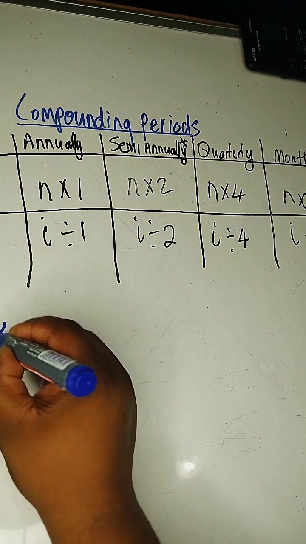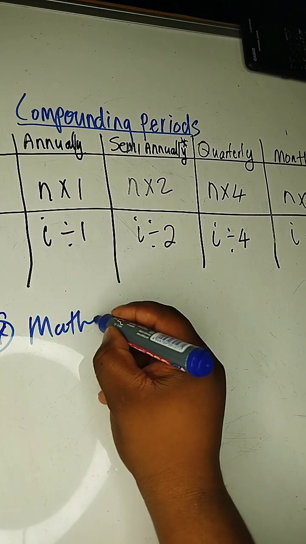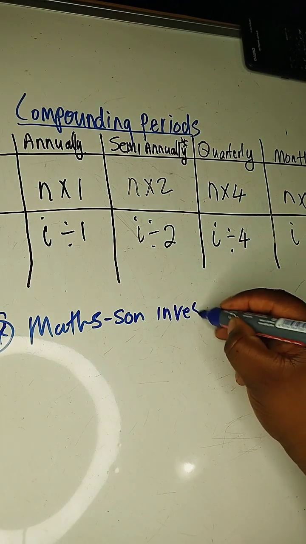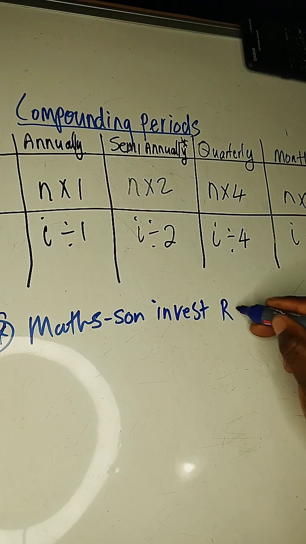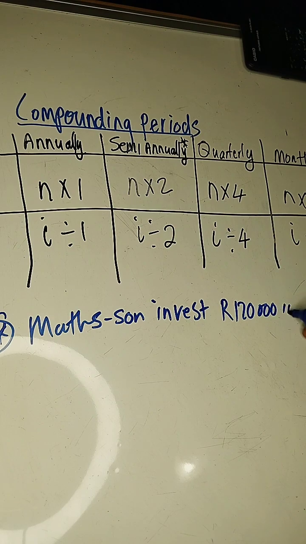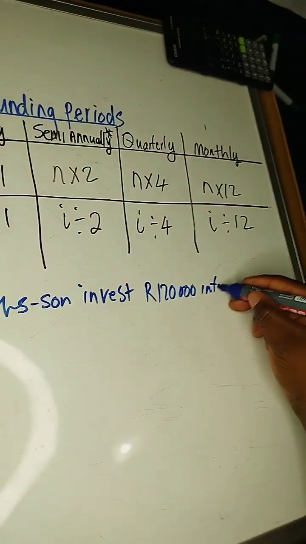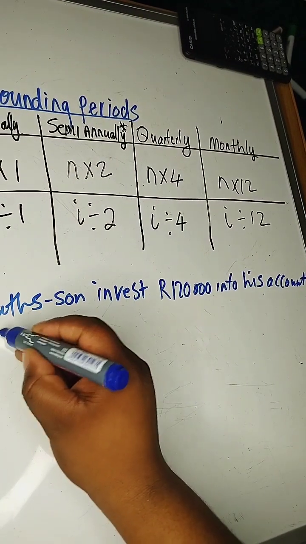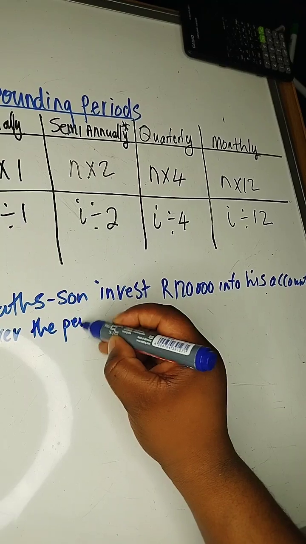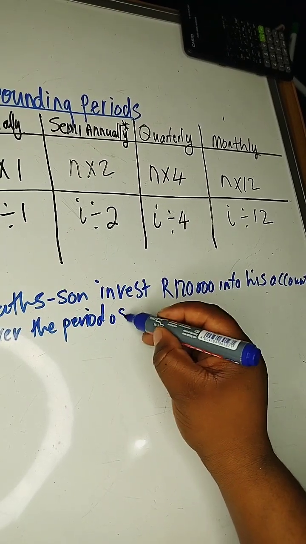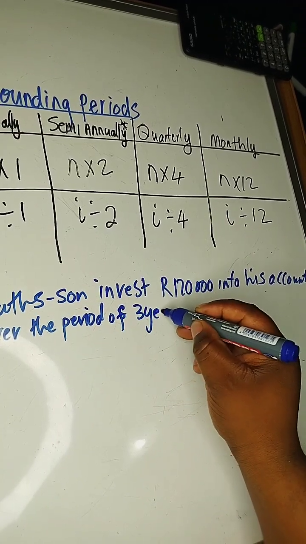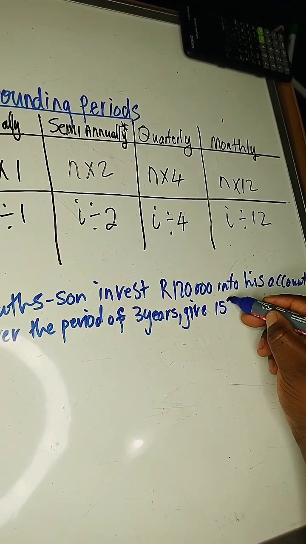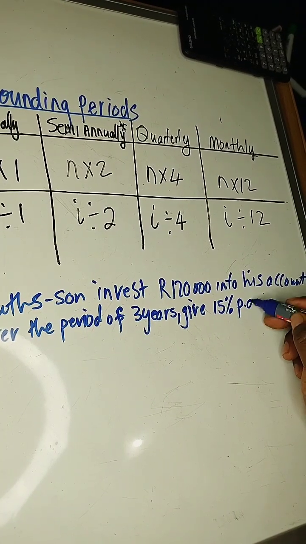Let's say Medicine invests 120,000 into his account over the period of 3 years, given 15% per annum compounded.